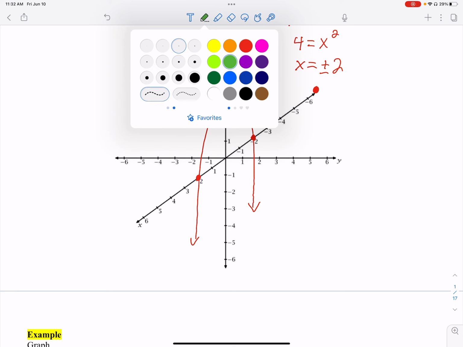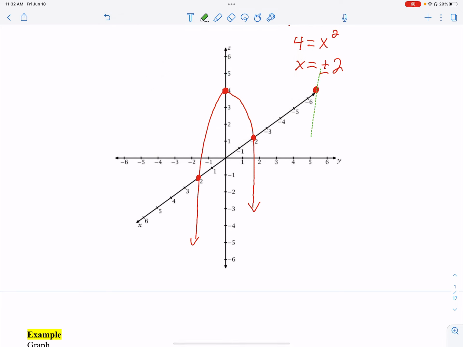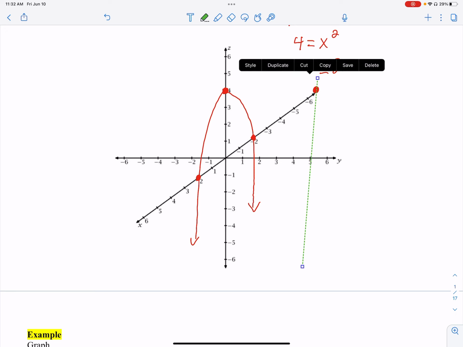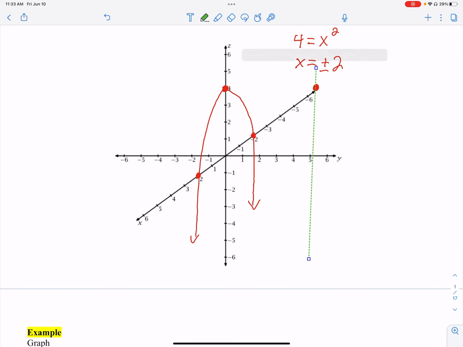Let's make that a little thicker. So I'm going straight down. You would use a ruler, right? Usually you would use a ruler to line this up perfectly to that 5.